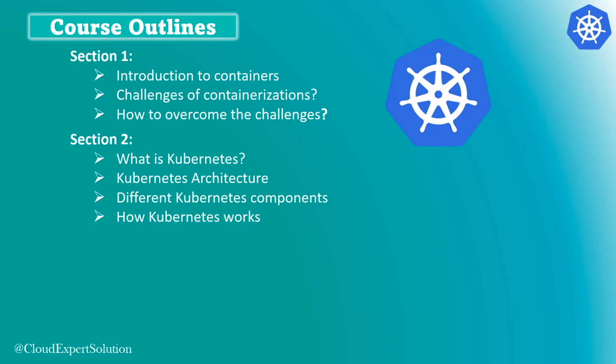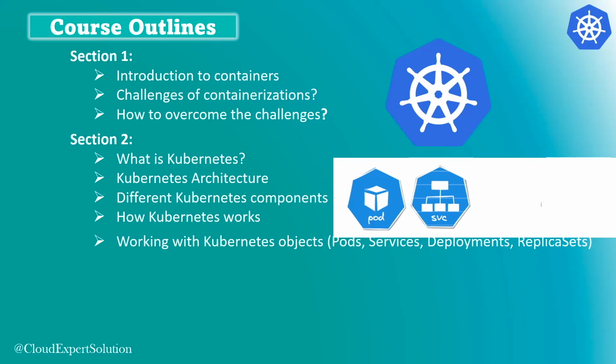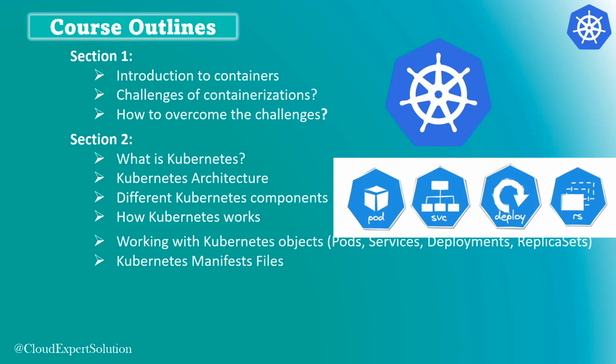Then we'll review how Kubernetes works, followed by different Kubernetes objects like pods, services, deployments, replica sets, and others. Then we'll review Kubernetes manifest files, and at the end, we'll review how to manage Kubernetes clusters.